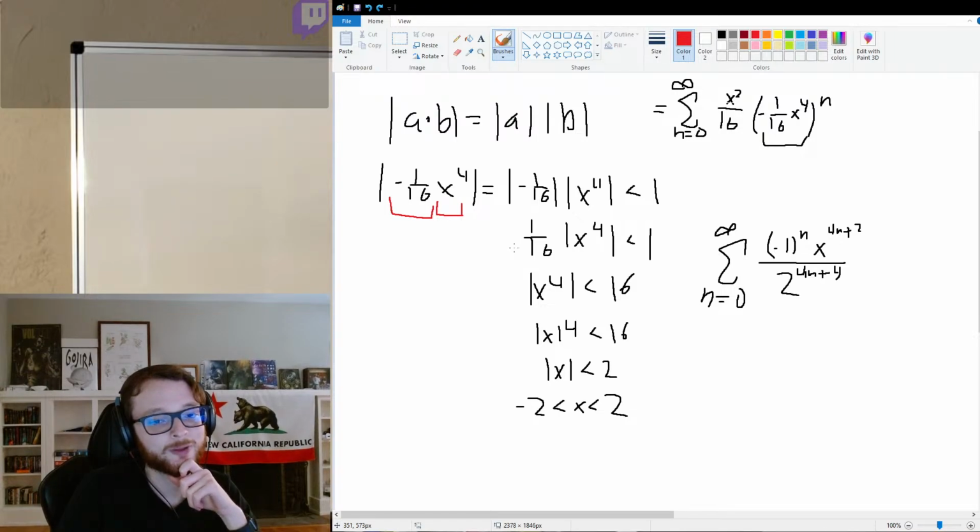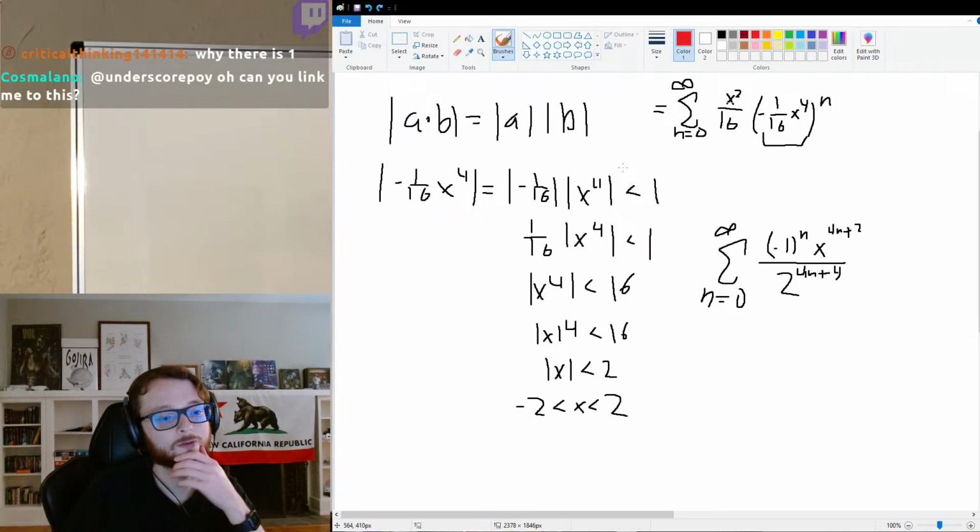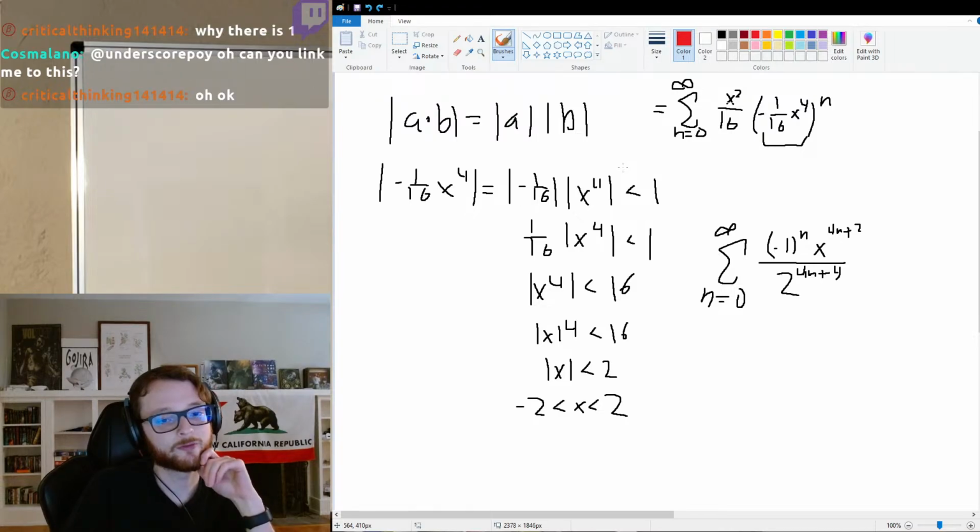And we have to not be too hasty still because, oh, sorry, this one over here, that's from a geometric series. We want this thing to be less than 1. So yeah, that's why I said it'd be less than 1 in solving for x.